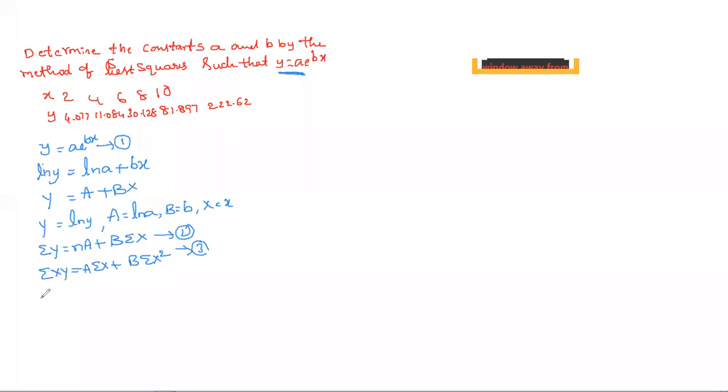Coming to the values of x and y, before that, how many number of values are there? The number of values n is equal to, how many values they give? 1, 2, 3, 4, 5. So n is equal to 5. And next we need to calculate all those values. For that, simply we can write the values of capital X and capital Y. Why?